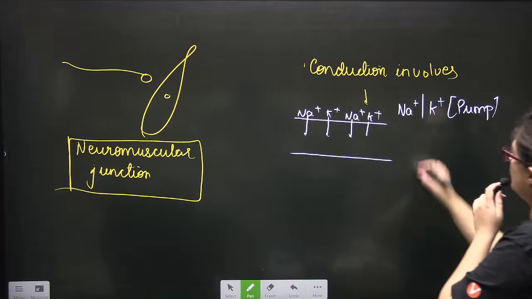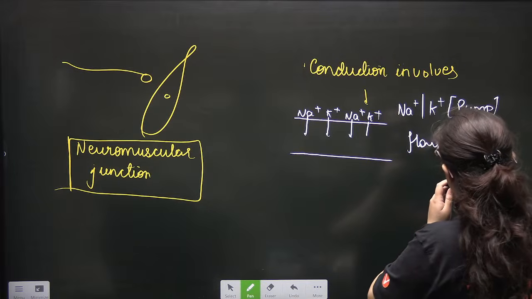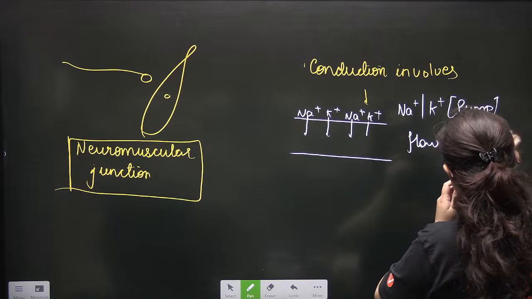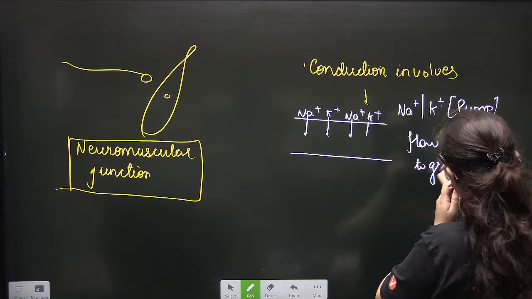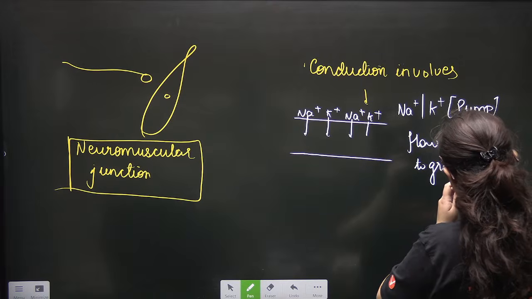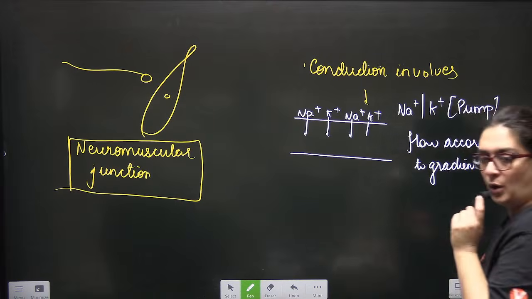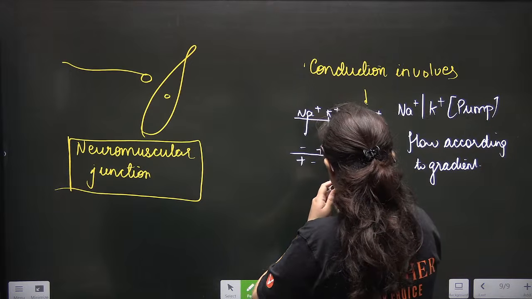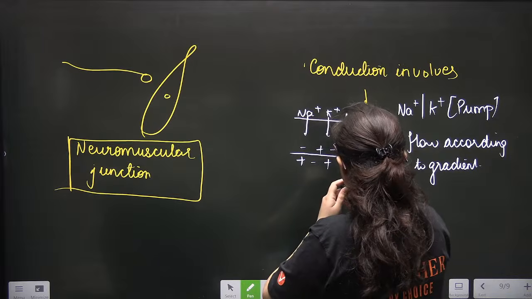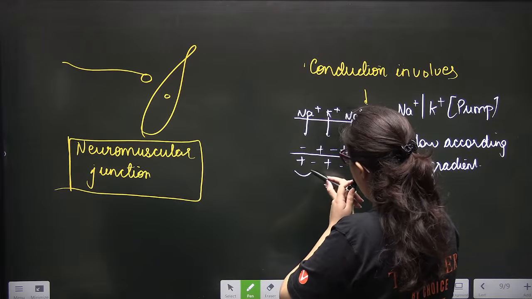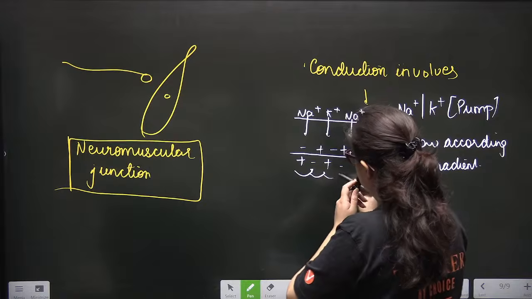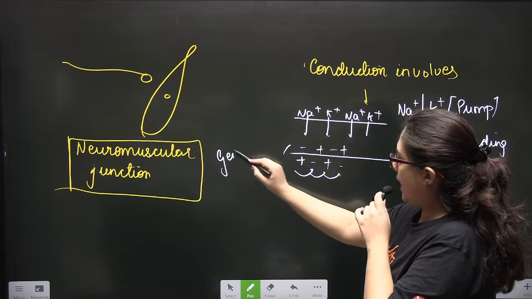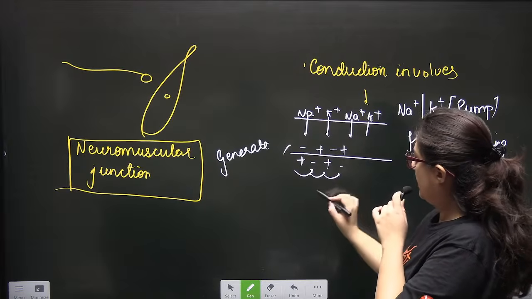Done. So flow according to gradient. Okay. So it is plus, minus, minus, plus, plus, minus, again plus, minus. So this will conduct. Impulse generate and conduct.